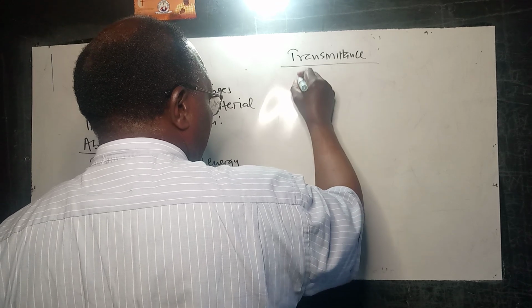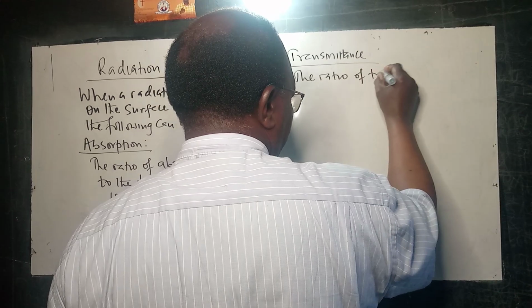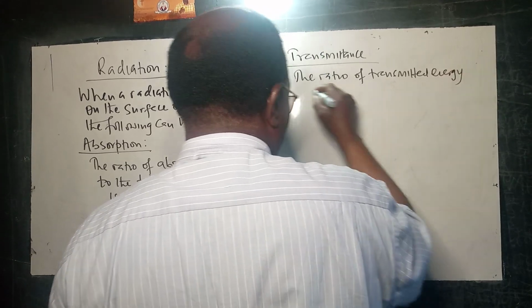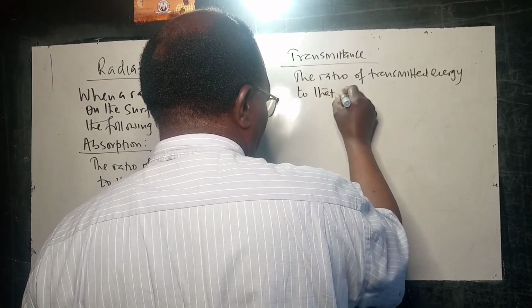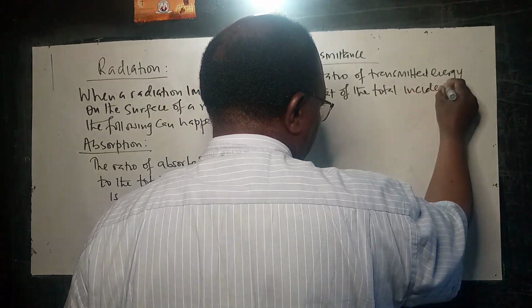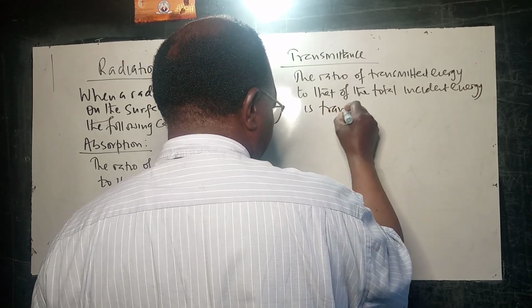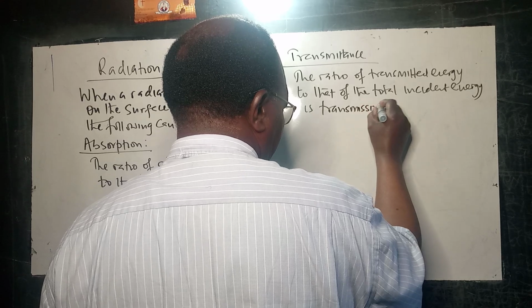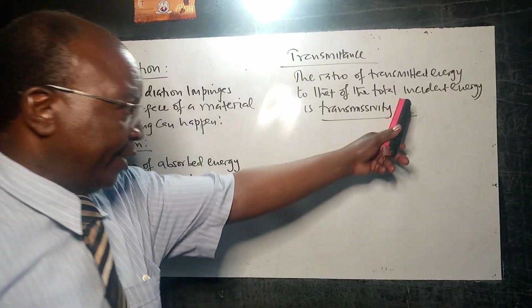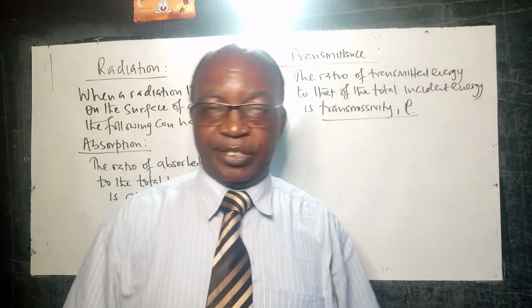Where we have now the ratio of transmitted energy to the total incident energy is transmissivity, and that is denoted as tau.